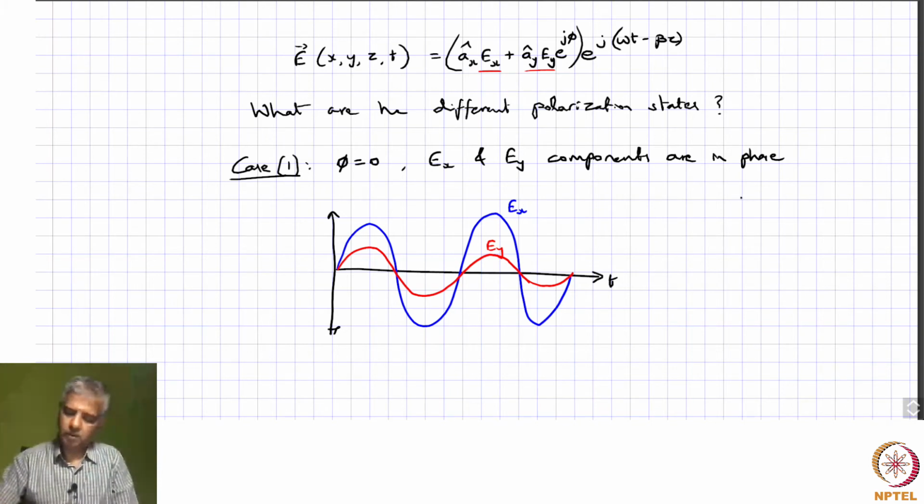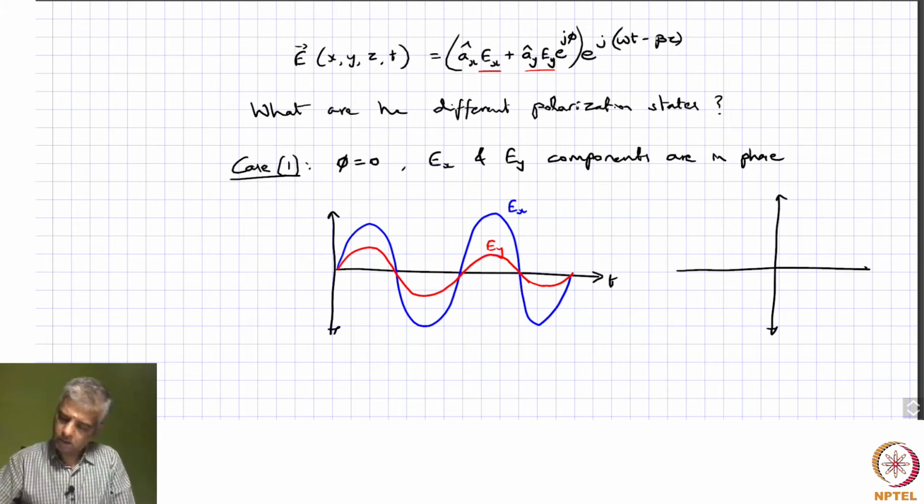Let's look at the case of phi equals plus pi by 2. So in this case, let's say Ex equals Ey. Now we are saying that Ey is leading with respect to Ex.